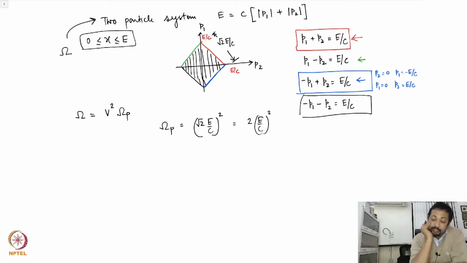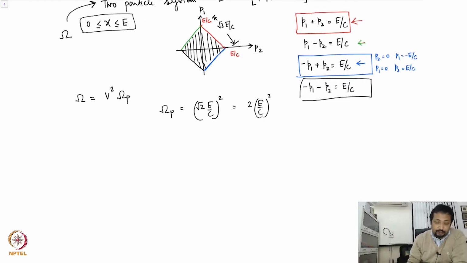Now be careful that I have not put a vector sign over this momenta, therefore I am assuming that this is a one-dimensional system. If it is a one-dimensional system, the coordinate volume is no longer V, it is going to be L squared.